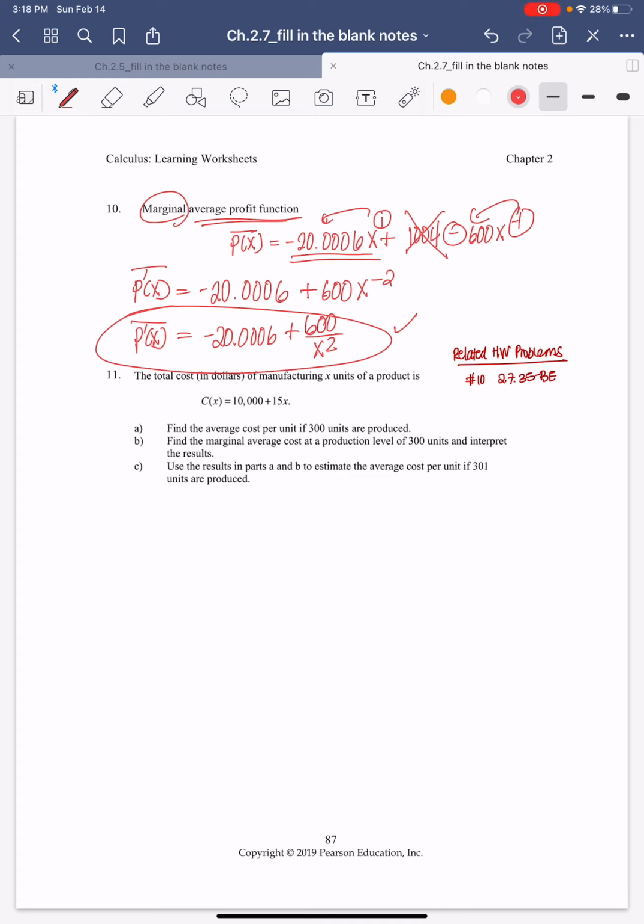We are given the total cost function, C of x, as 10,000 plus 15x. You see the words average cost, so that means C bar of x, if 300 are produced. In other words, part A is like saying find C bar of x when x is 300.